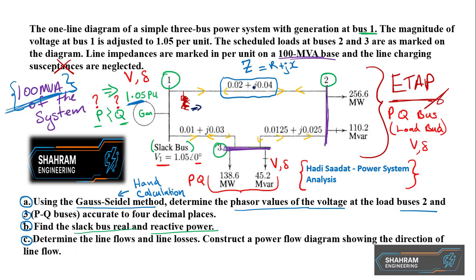Okay, so this is in per unit, pu. Therefore pu is equal to z in ohms divided by 100. In this case we have this already, so we'll just make z the subject.